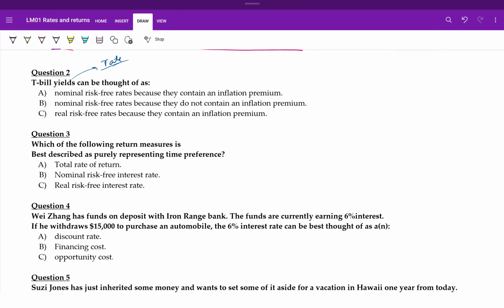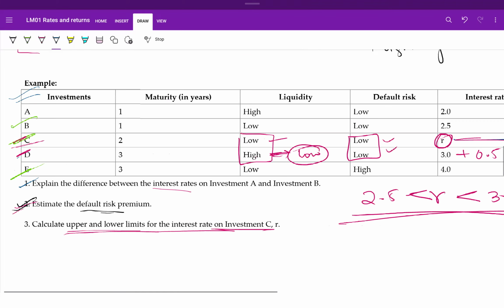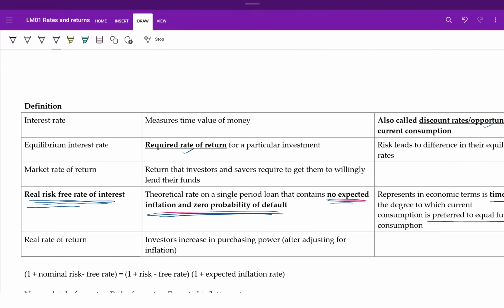So T-bill yield, treasury bill rate in simpler terms, can be thought of as what? We have three options. Let's start from option C, real risk-free rate because they contain an inflation premium.